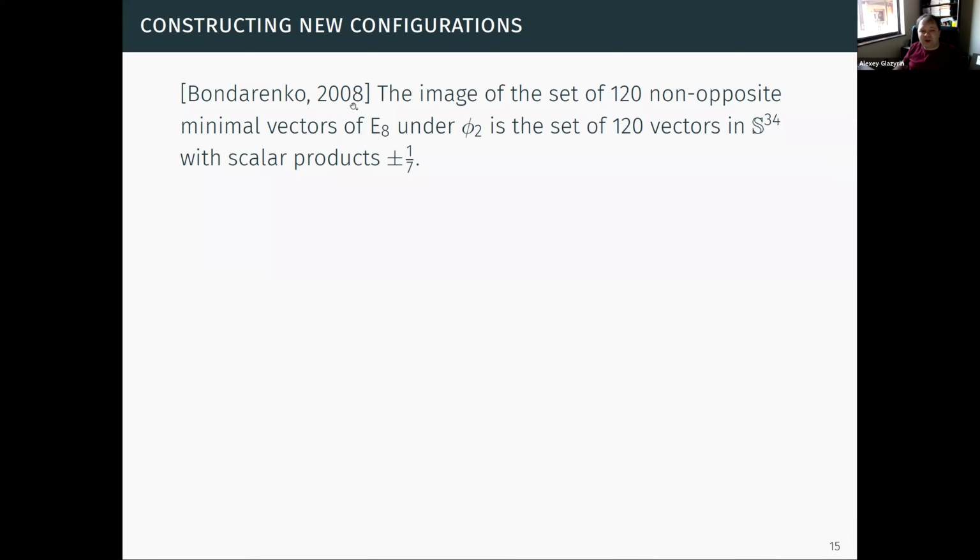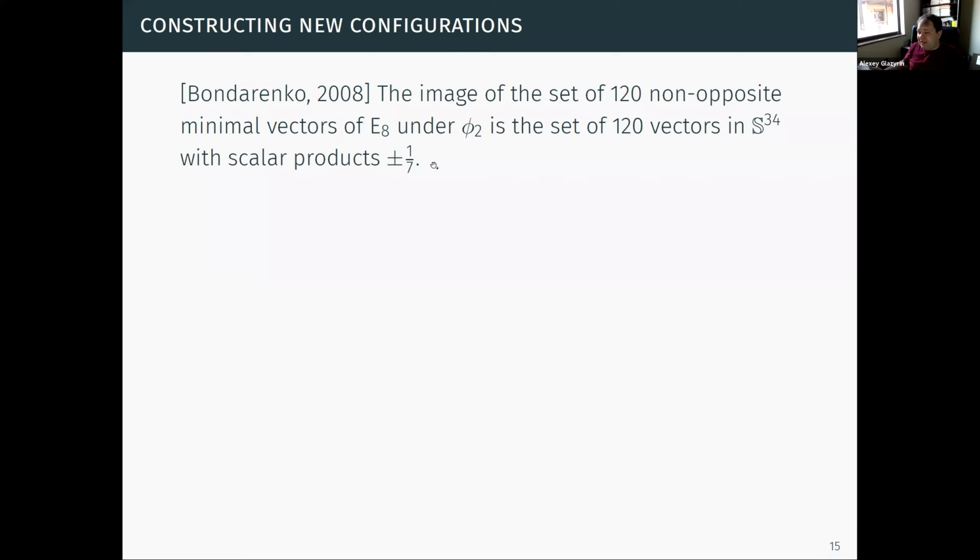So Bondarenko, some number of years ago, noticed that if you take minimal vectors of the E8 lattice and you apply the second Gegenbauer polynomial, you apply the map phi2 here, then very nicely, all the vectors that you get in dimension 35 will have scalar products plus minus 1/7. This is a nice set that you get this way.